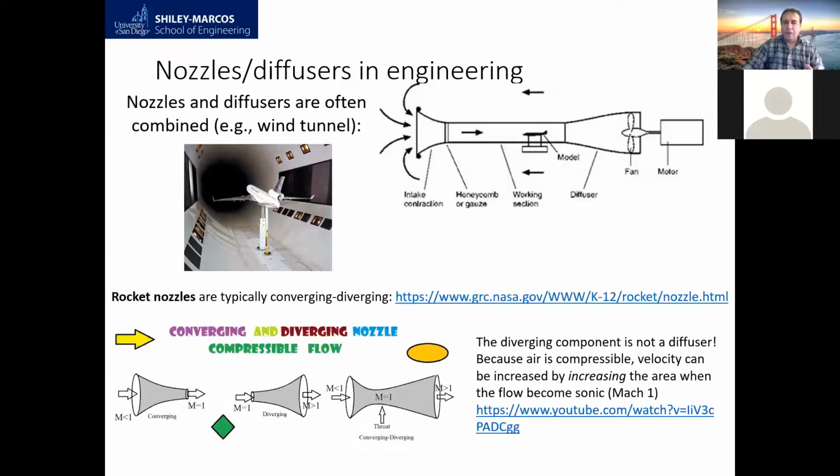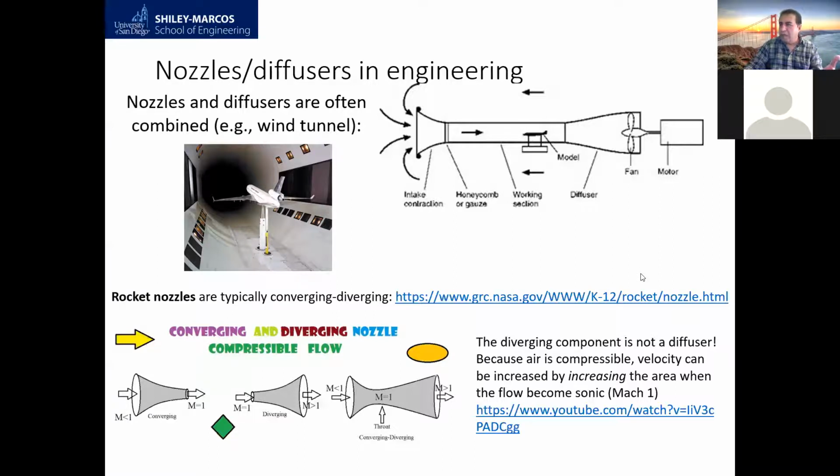Okay, so rocket nozzles are typically converging-diverging types, using the nozzle and diffuser. So converging and diverging nozzles, compressible flow. Again, I'm going to go back to Bernoulli. Bernoulli said that the flow of air is supposed to be compressible, right?